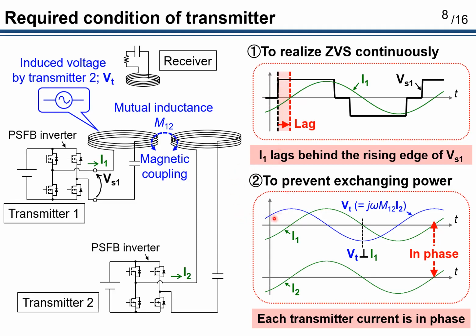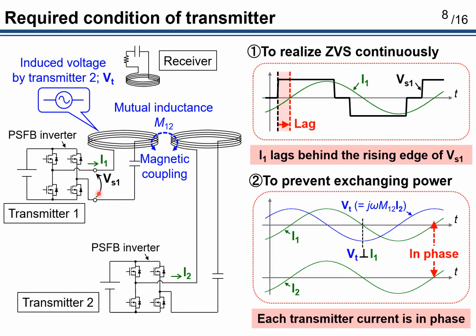Next, to prevent exchanging effective power between transmitters, it is required that the induced voltage that is identical to I1 is eliminated. In other words, the induced voltage by transmitter 2, VT, must be orthogonal to I1 as shown in this figure.